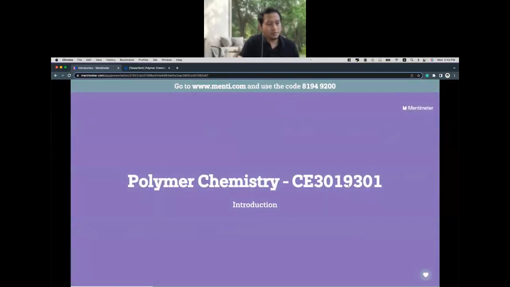So polymer chemistry. It's supposed to be the introduction for the course. It has two words, polymer and chemistry. I hope chemistry is easy to follow because it's expected to be already learned and passed, and fundamentally it is important for science, especially if you want to move to the next sections of your engineering.